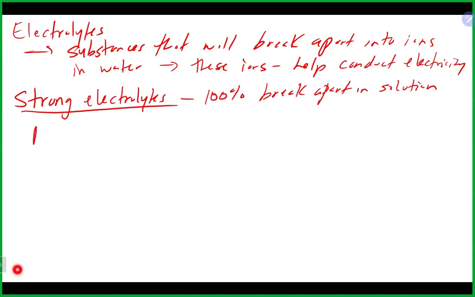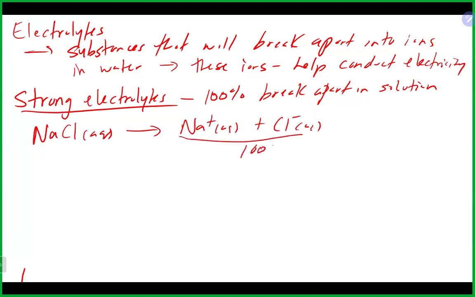So if you had a sodium chloride solution, when it's actually in that solution, it will break apart into sodium ions and chloride ions. 100% of what you got going on in that solution are those ions. You have none of these guys still together. They have all just completely broken apart into ions.